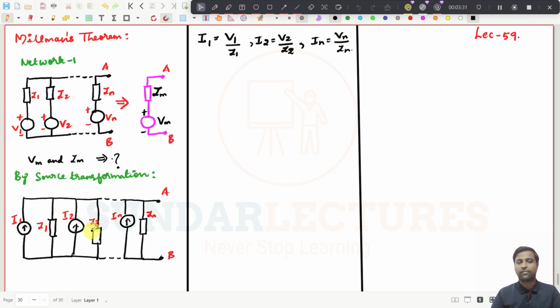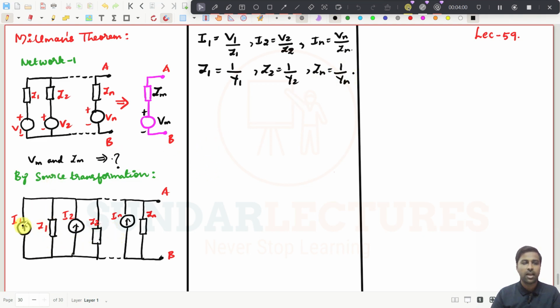And Z1 can be written as 1 by Y1, where Y1 is the admittance value. I will explain why I am writing it like this. Then Z2 can be written as 1 by Y2, and Zn can be written as 1 by Yn. So these are the values.